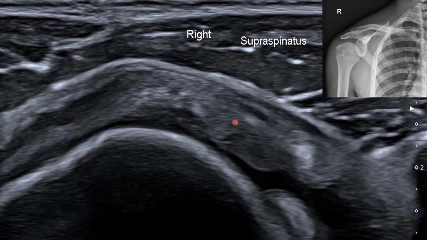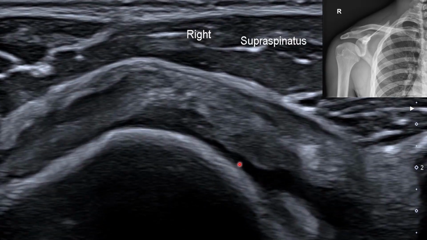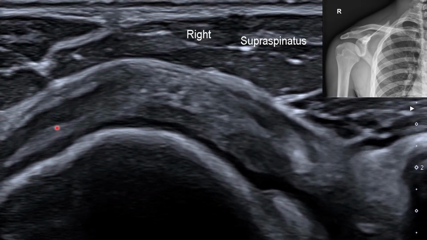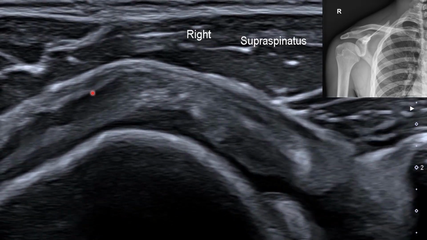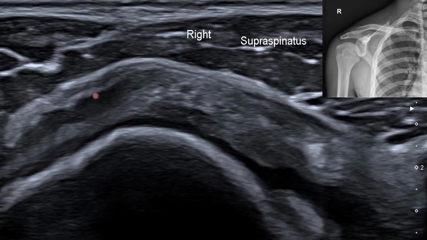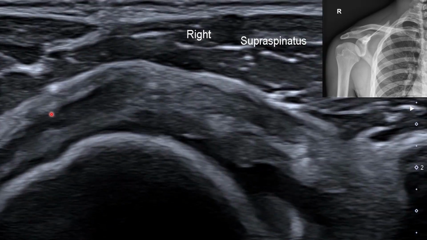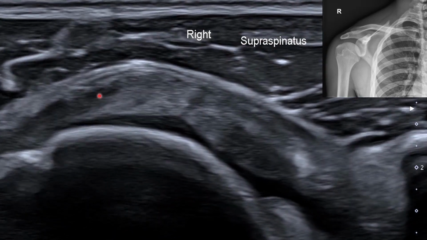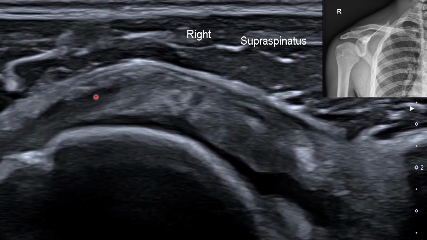So you must make sure that there is no tear of the tendon. So these are artifacts. This is called anisotropic artifact. It just happened because of the probe misangulation. So we have to make sure that the probe is at 90 degrees.